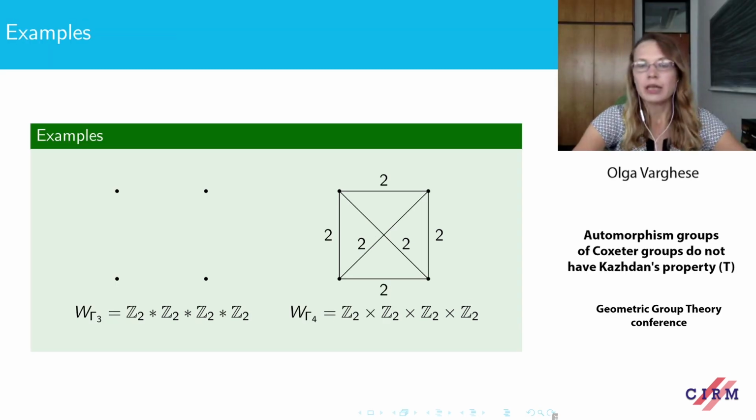If all edge labels of the graph are equal to 2, then the Coxeter group is called right-angled, because we can construct a cube complex on which the group acts nicely. Usually one says that right-angled Coxeter groups interpolate between the free product of the Z2s and the direct product of the Z2s.